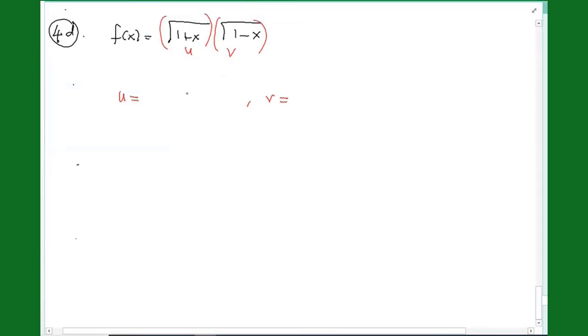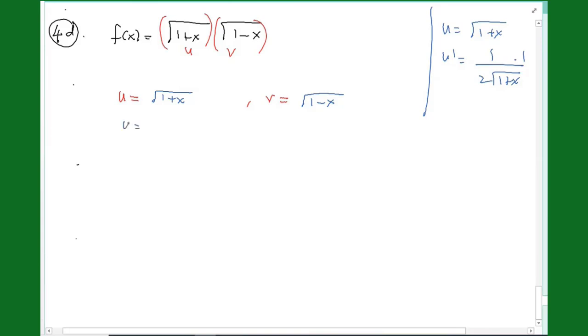So u is equal to square root of 1 plus x, v is square root of 1 minus x. Let's say you differentiate directly: u is 1 plus x, u prime is 1. Okay, and double check, not usual, right.